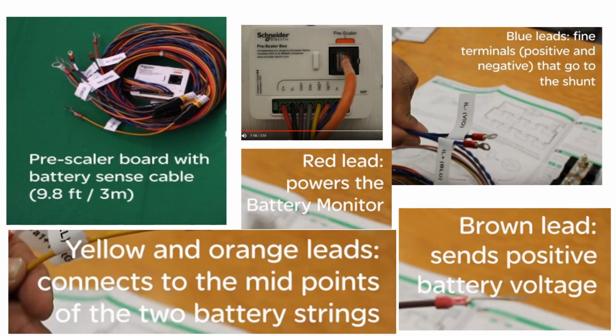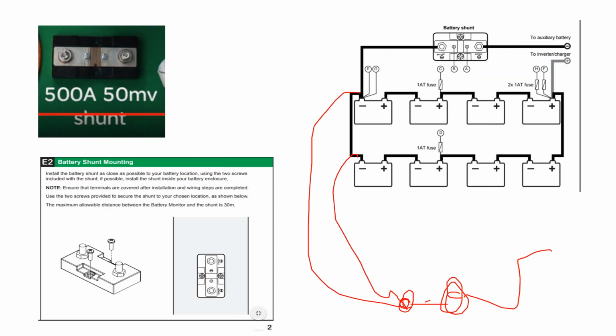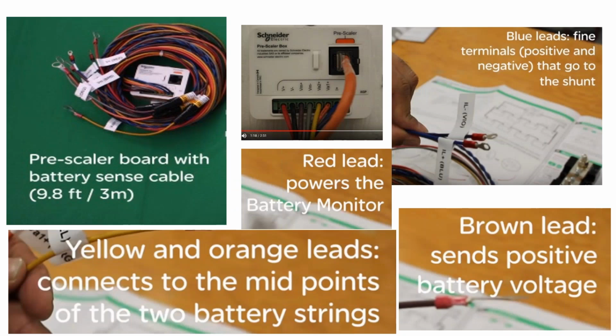If we had done 3 circuits of battery instead of 2, we wouldn't have been able to triple lug it, because that would have been a separate code violation, where if you have 3 circuits or more in parallel, you gotta fuse them. With 2 circuits, we don't have to fuse them. So we can just double lug coming out of the battery bank onto this shunt before we go into the inverter.